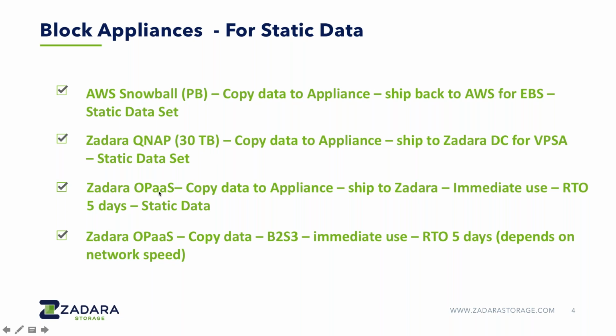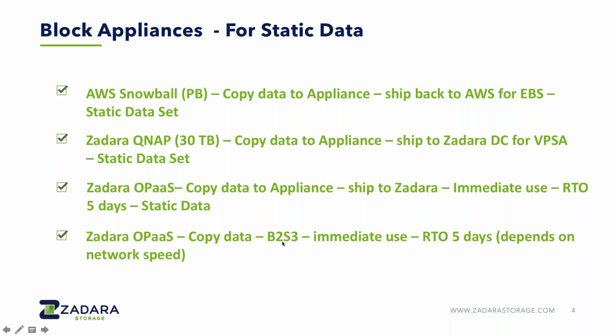Then you copy the data and ship the OPS back to us, and we store it in our data centers, and you have the same cloud environment that you have on site. Again, it's going to take about 5 days to ship the data, and this is for a static type of process. You can also use backup to S3, where you copy to the OPS.